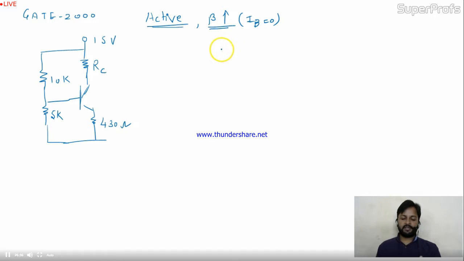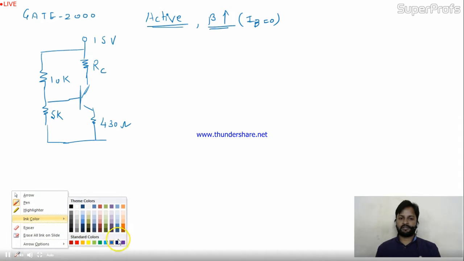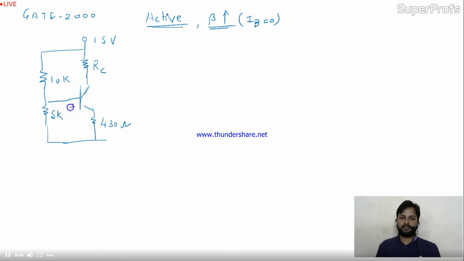And its base emitter voltage is 0.7 volt. The question is the value of IC.